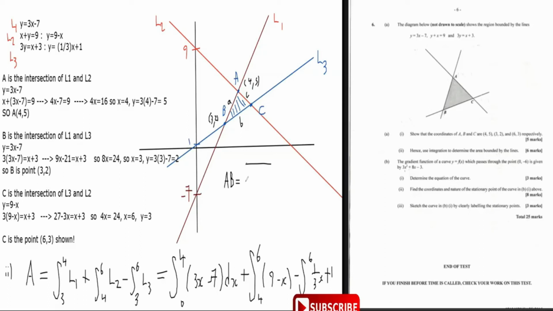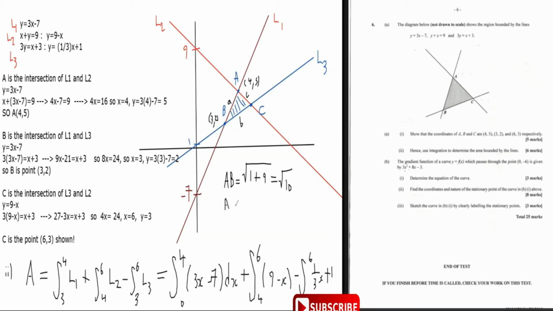So if you were to find the length of the line AB, it's going to be the square root of x1 minus x2 squared. So it's 4 minus 3 is 1, plus 5 minus 2 squared is 3 squared, which is 9. And so AB is the square root of 10. All right, so that's AB. Let's find the length AC.